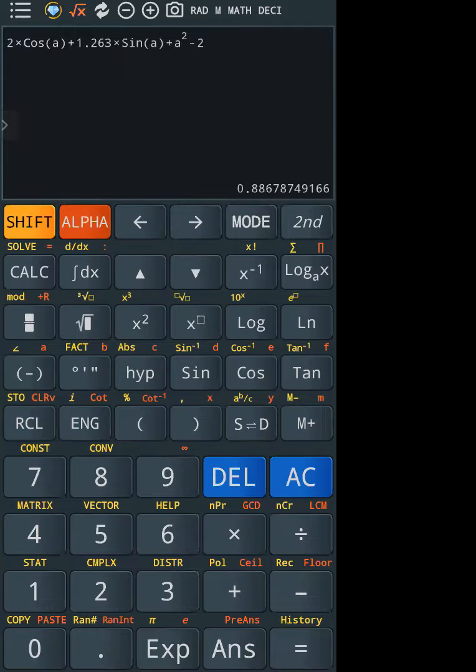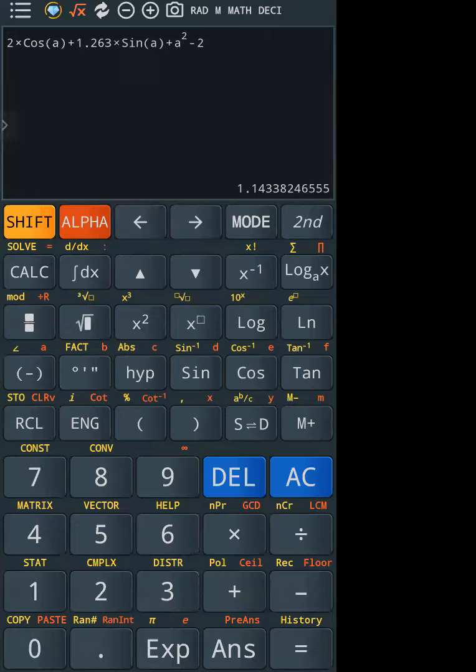You get 0.8867. Then you solve it for A equal to 1. So you'll get this value 1.1433.